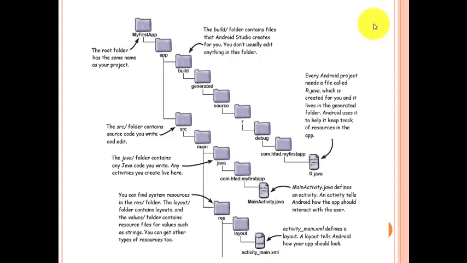Within main, there is one more folder called res. Within res, the resource folder, there is layout. Within layout, activity_main.xml. This code defines the layout or the design of your Android application. A layout tells Android how your application should look.